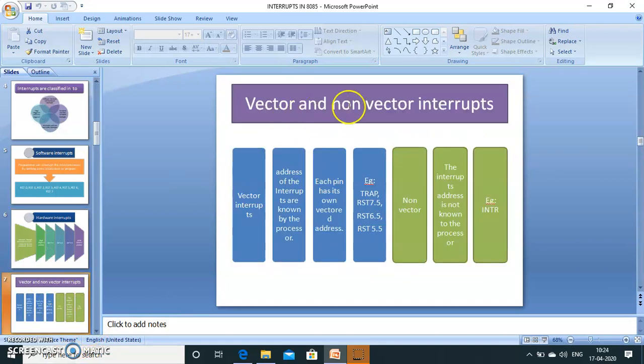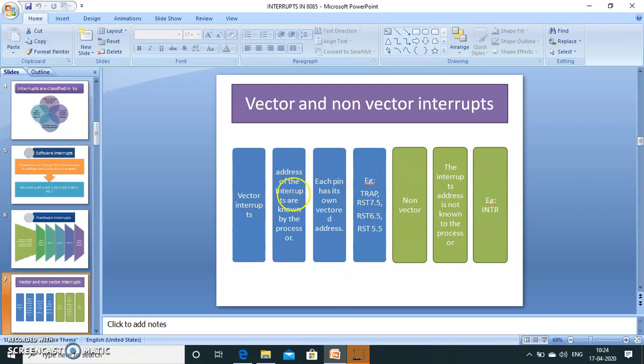In the case of vectored and non-vectored interrupts, there is a vector address related to each interrupt. After getting that interrupt, the microprocessor will route to the interrupt service routine at the vector address of the corresponding interrupt.